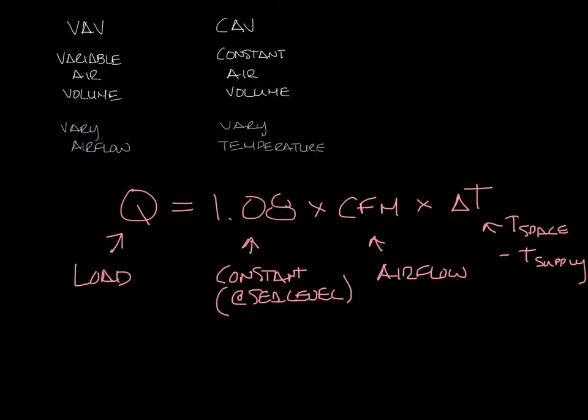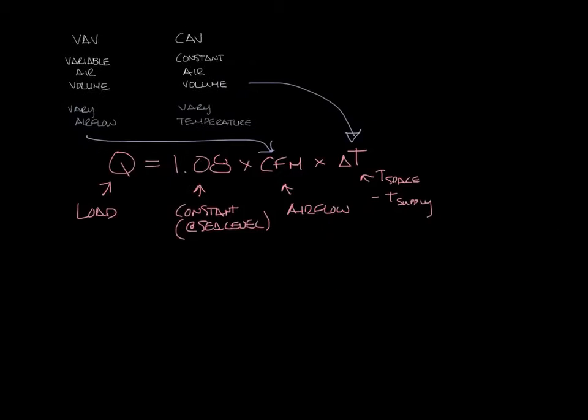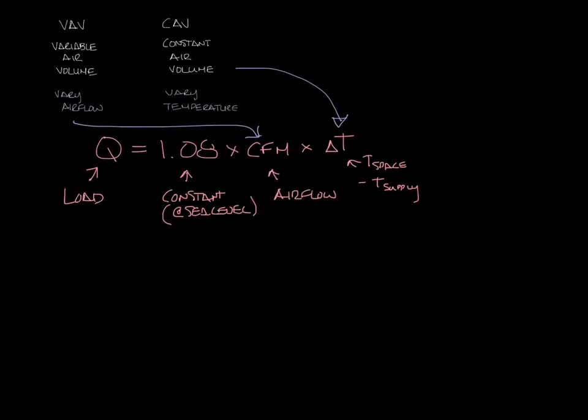So in a VAV system, in this equation, you vary the CFM. And in a CAV system, a constant air volume system, you vary the delta T by changing the supply air temperature. So let me move this up and we'll do an example. So let's say you have a space and your load in the space is 10,000 BTU.